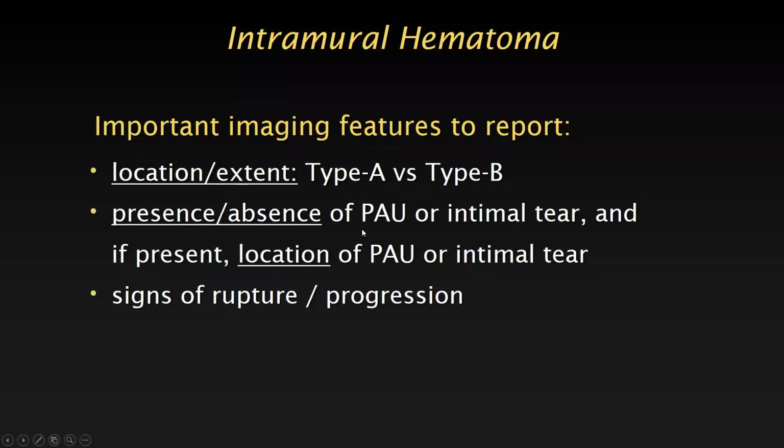Then if you have an IMH, you want to see if you see the location where the blood enters the aortic wall, and it could be either a PAU or an intimal tear, which I'll discuss in a moment. And you always want to look for signs of rupture, because that obviously increases the urgency of treating it, even if the ascending aorta is not involved.